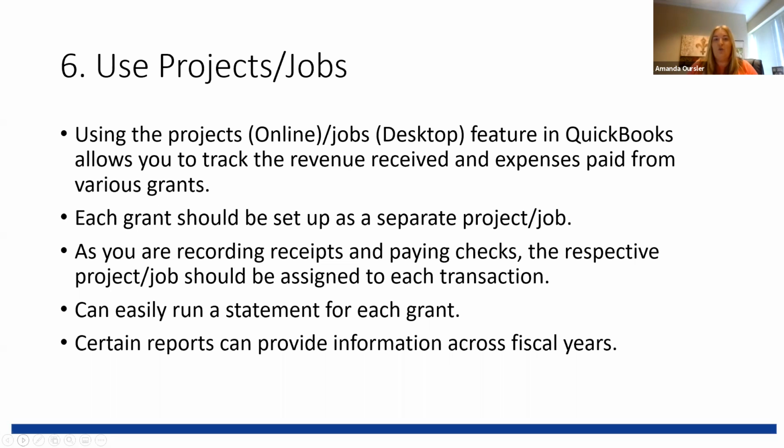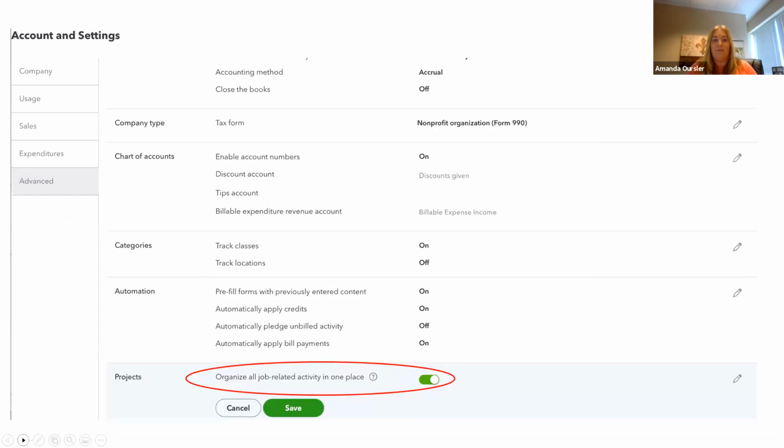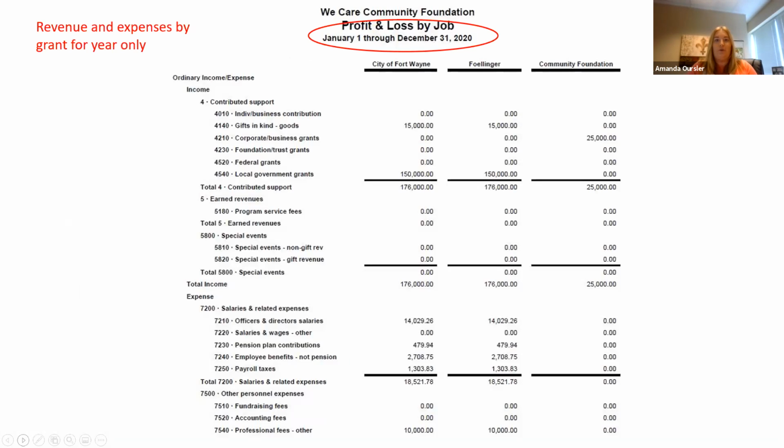And then you would put all of your revenue and all of your expenses associated with that grant towards that job. And then you will be able to run reports based upon that job that will show you what each grant received and what went out with that and what balance you have.